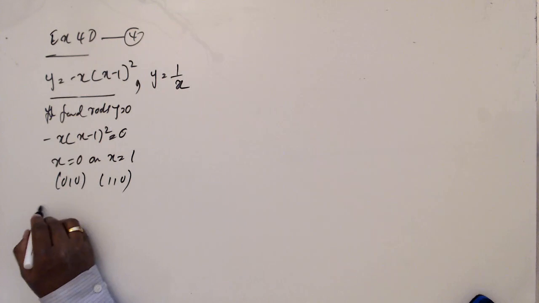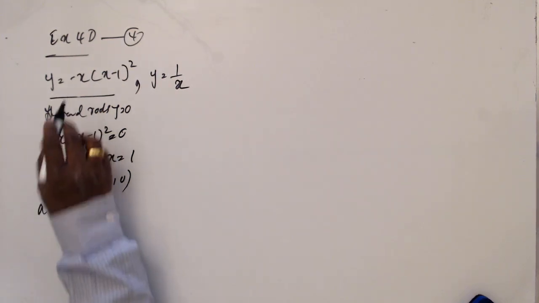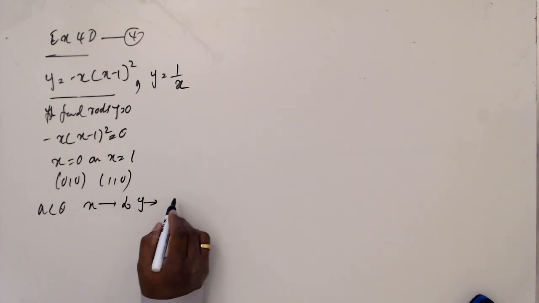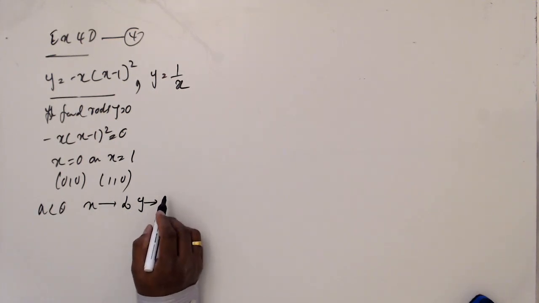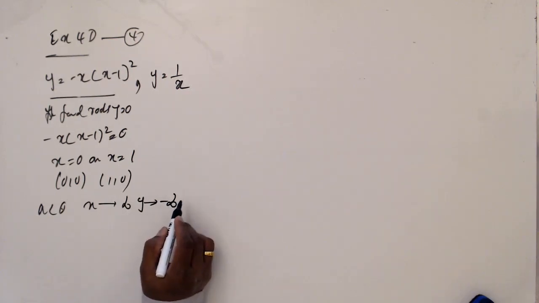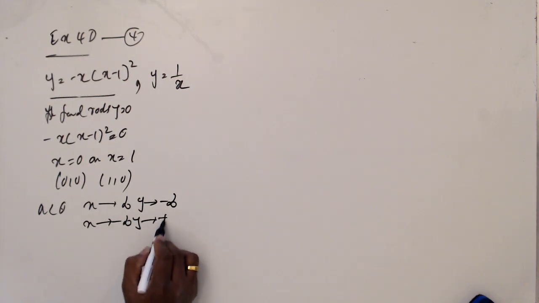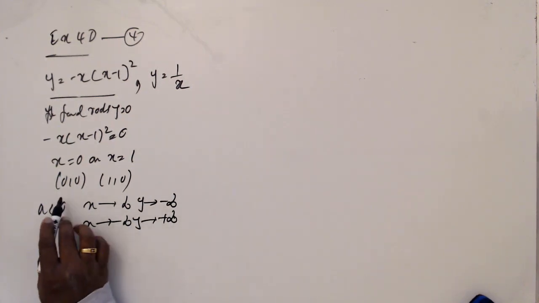And I can see that the a value is negative: when x goes to positive infinity, y goes to negative infinity, and when x goes to negative infinity, y goes to positive infinity.